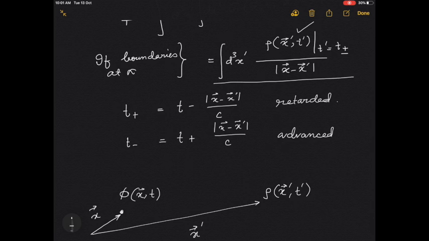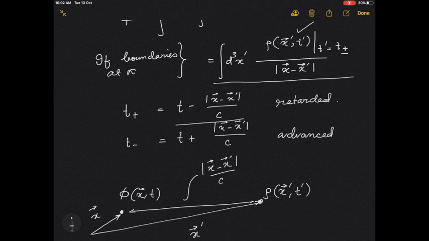What this is telling you is, you see, this looks exactly the same as the electrostatic solution. But there is the fact that this rho has to be calculated at an earlier time. What does it mean? Well, the distance between this point and this point is mod of x minus x prime.